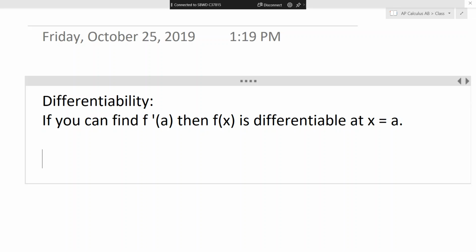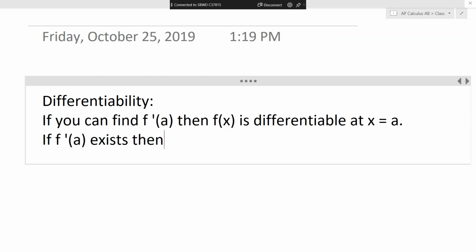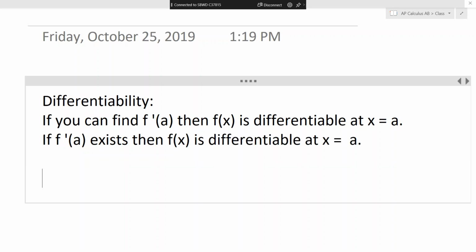And I don't mean that you can find it like you know how to derive it. I mean it actually is there, if it exists. So you can find the derivative, it's there, it exists.